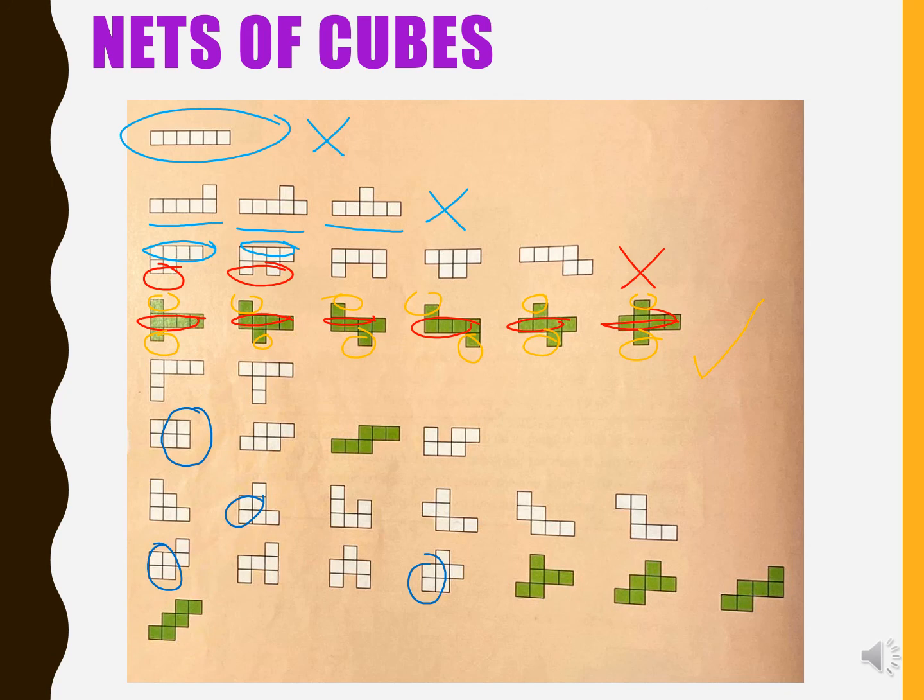So in total, there should be 11 possible combinations. 11 nets of the cubes.